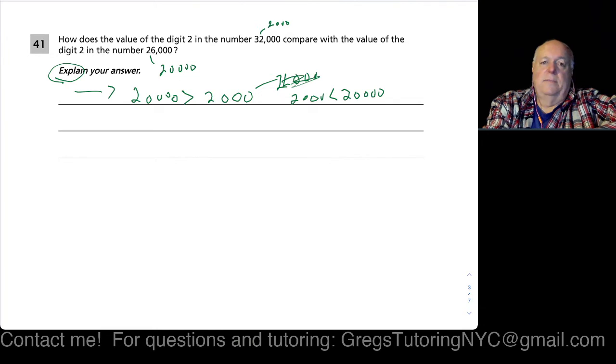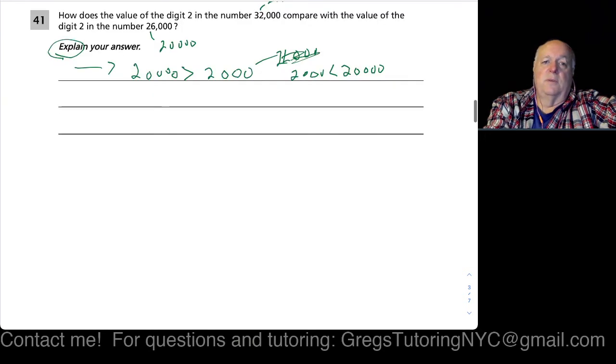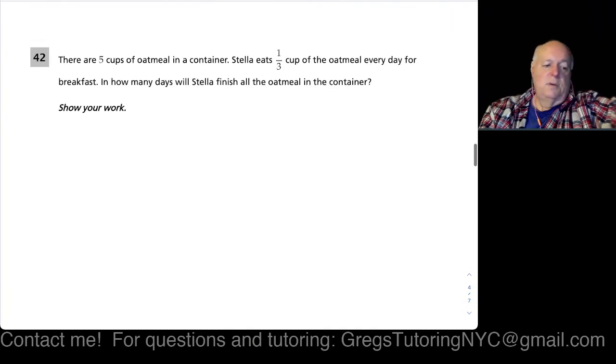All right? This is just place value. It's just simple. This one isn't too bad. You can grok 2 points right there, at least from where I'm getting this from. 42 throws enough students off. I'll admit that.